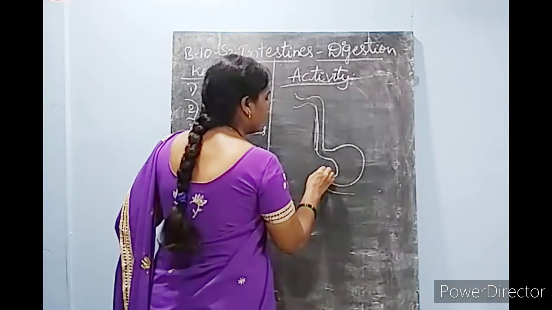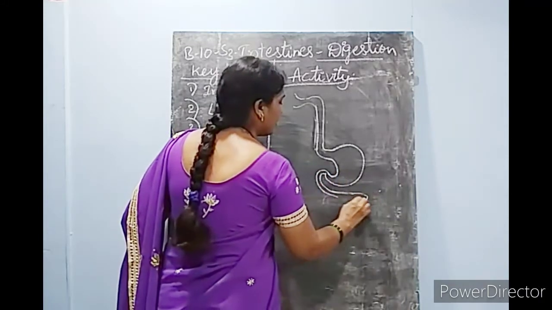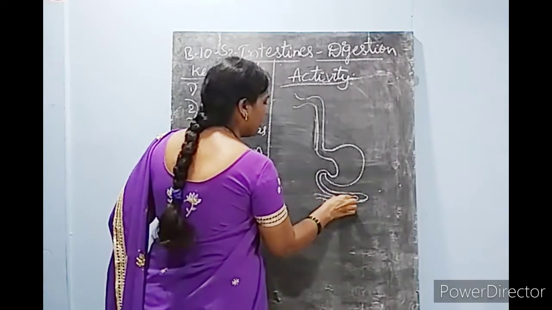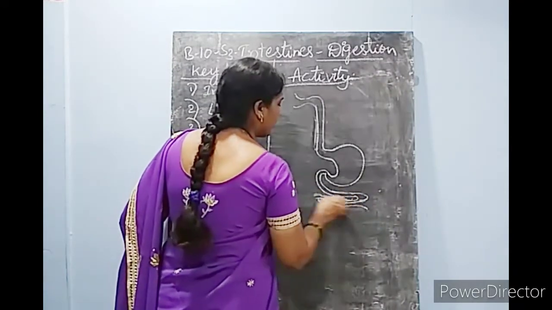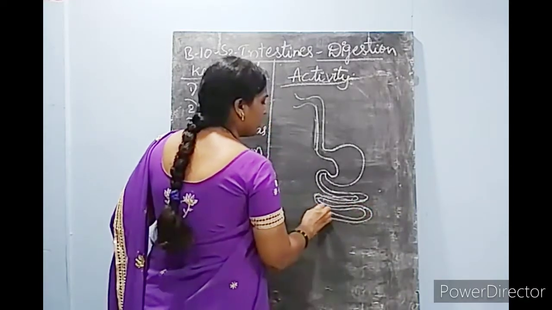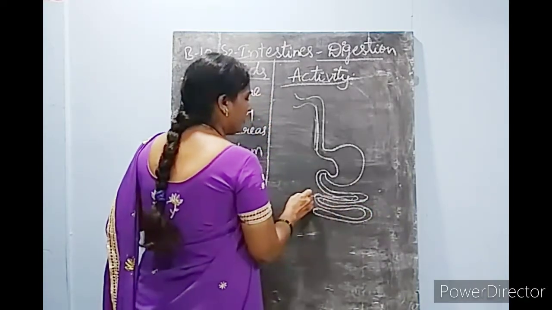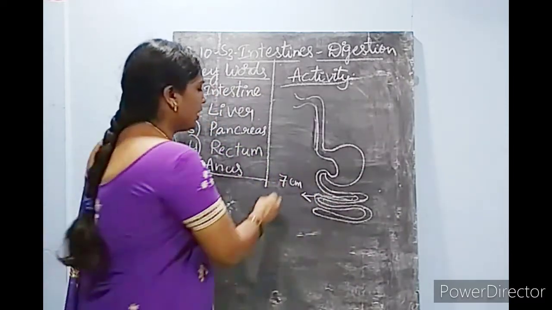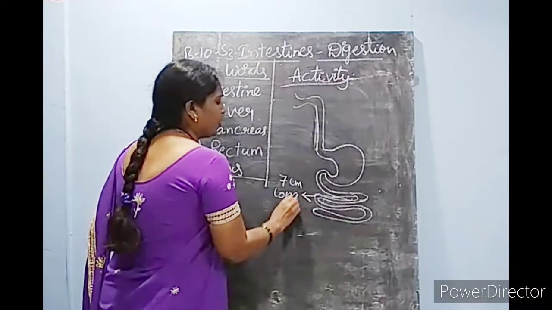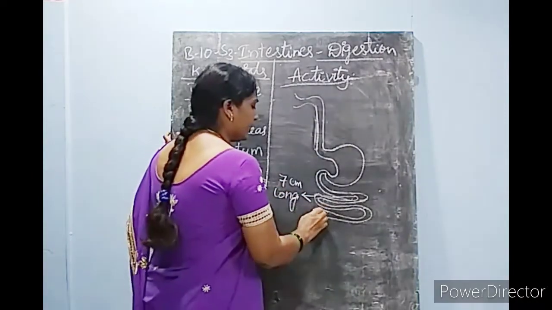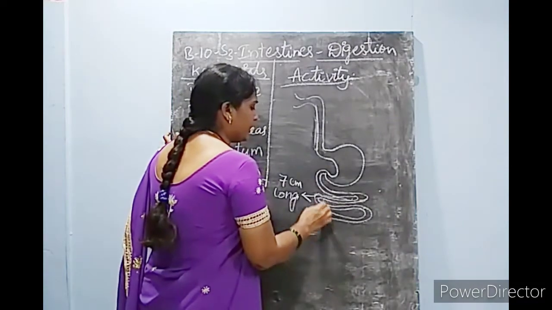From the stomach, it enters into the small intestine. This coiled tube-like structure is the small intestine. It is 7 meters long, but it won't appear that way because it is coiled and arranged like this.